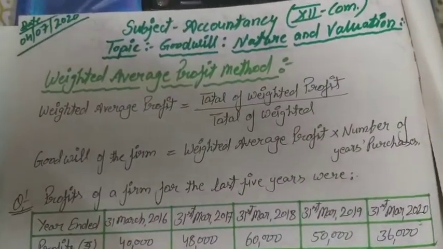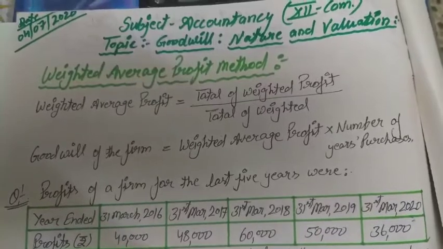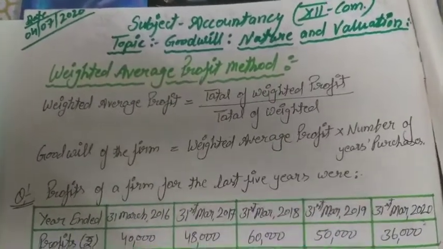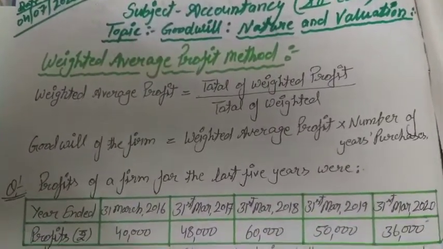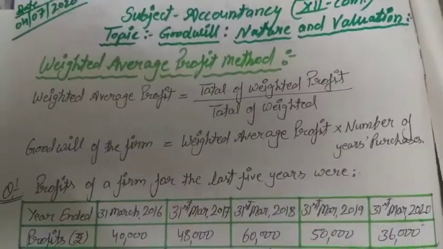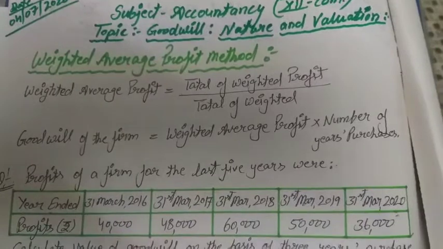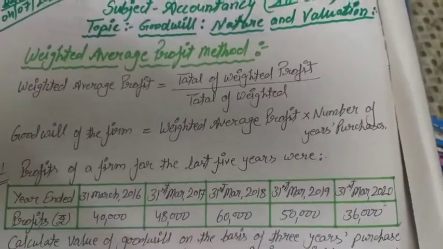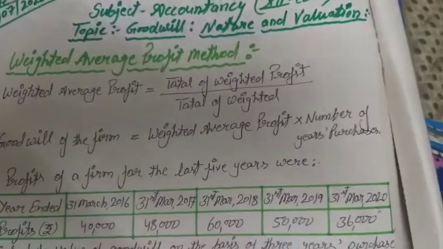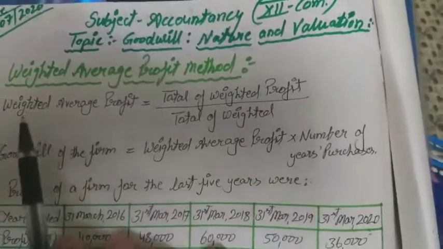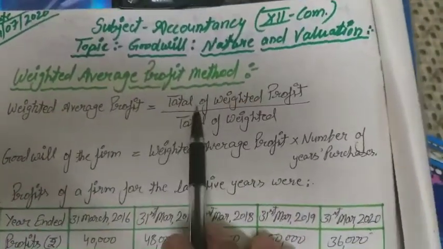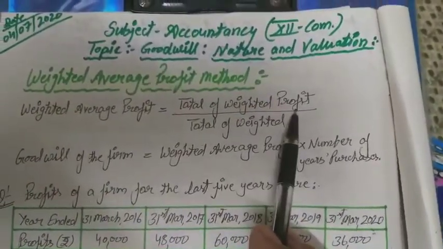This is the formula of the weighted average profit method. What we need to calculate the goodwill of the firm is the total weighted profit and the total weightage. So regarding this, I have written a formula. The formula says weighted average profit is equal to total of weighted profit divided by total of weightage.